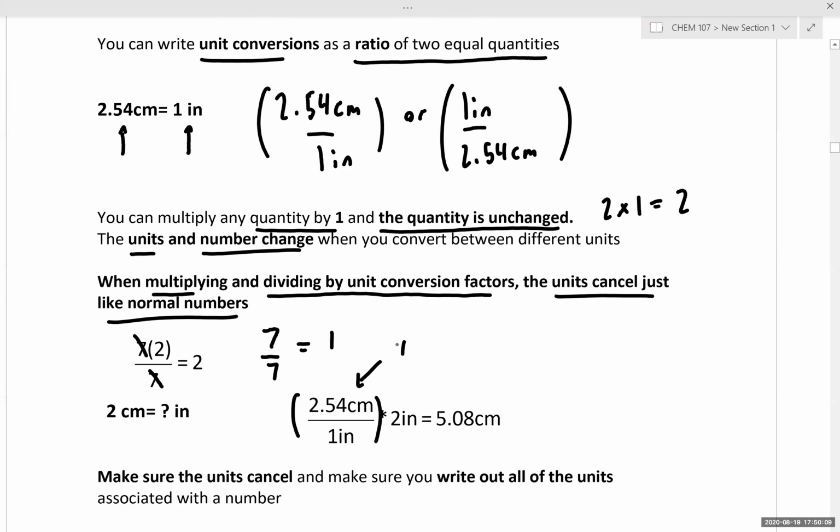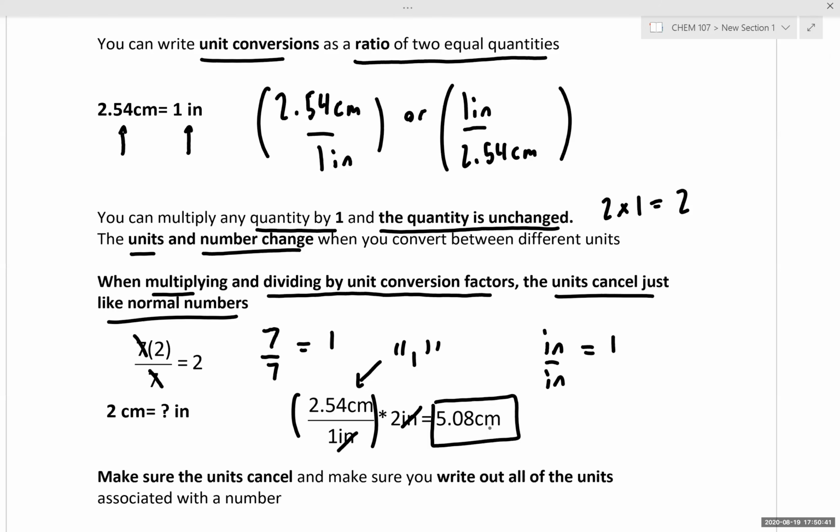Remember, this conversion factor is just equivalent to 1. Think of it like we're just multiplying by 1. Now, since we have inches over inches, the inches can cancel because a quantity divided by itself is equal to 1. So in the end of our unit conversion, we end up with a new number and a new unit.